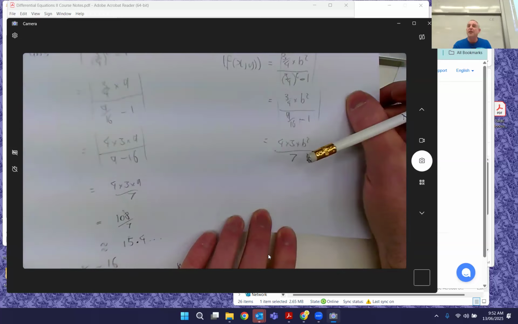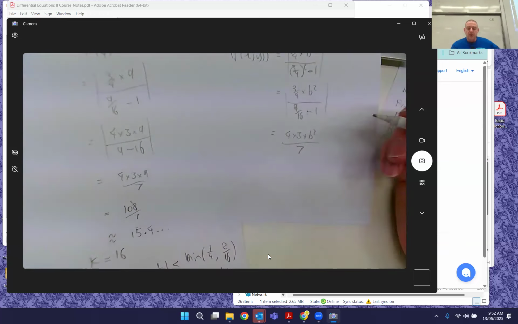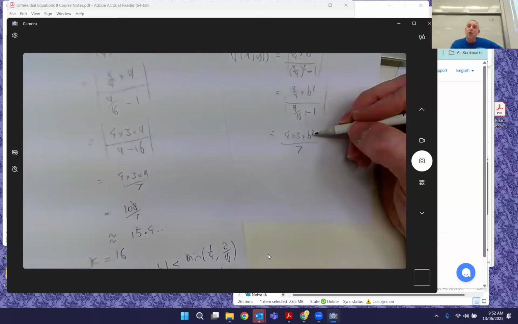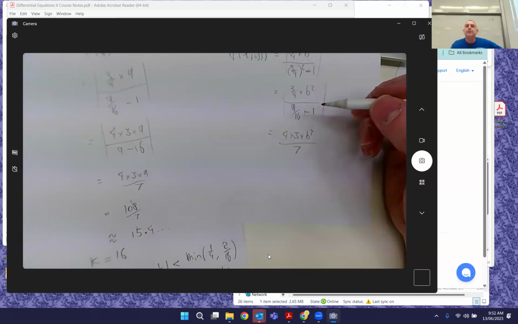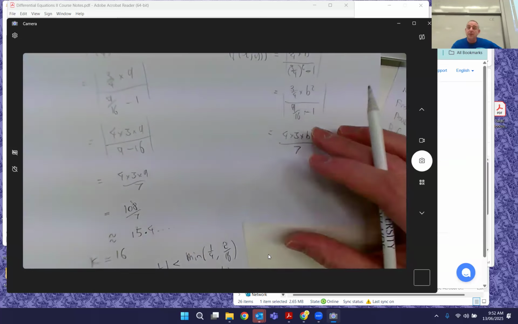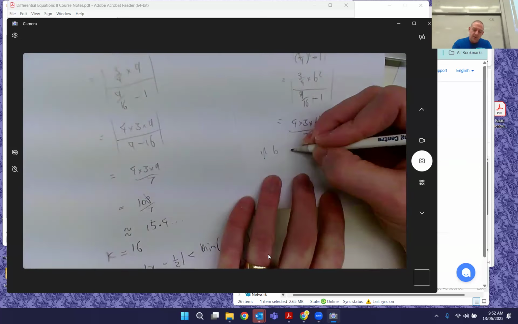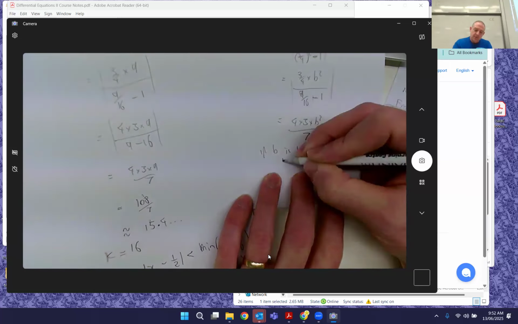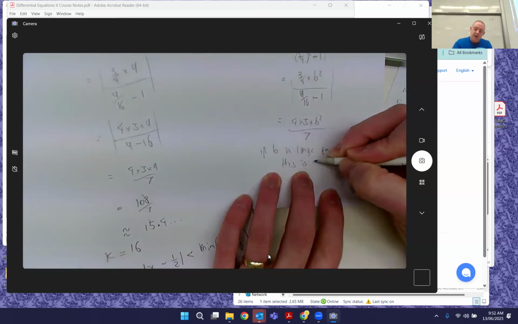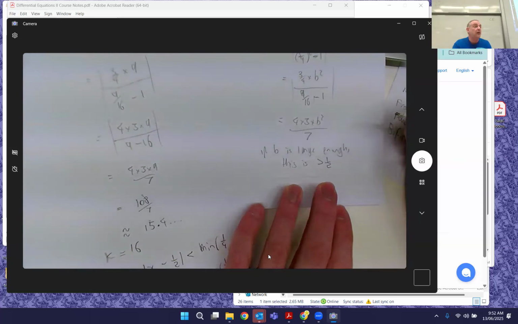Which is approximately whatever it is. But theoretically, if I made that b tall enough, this would be beyond 1. Yeah? So if b is large enough, this is greater than 1/2, and that's the widest I can get.